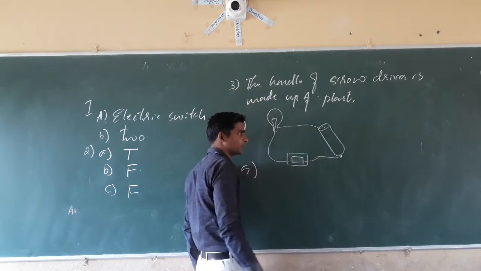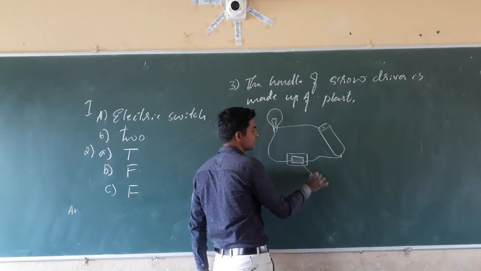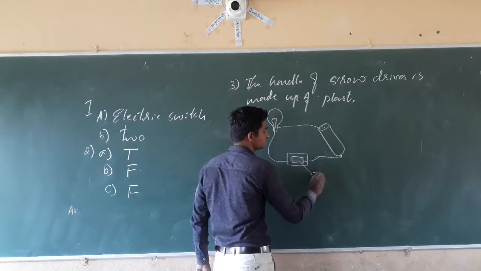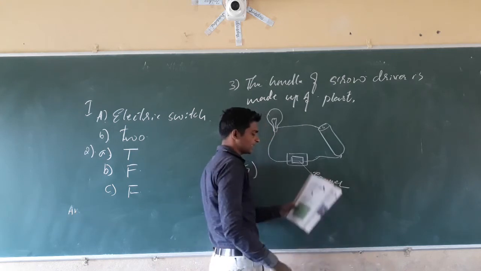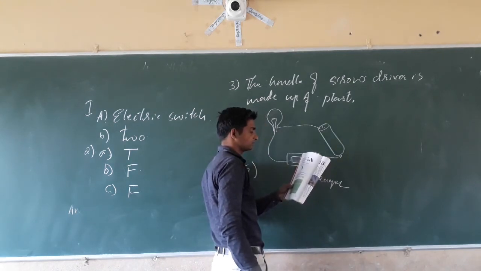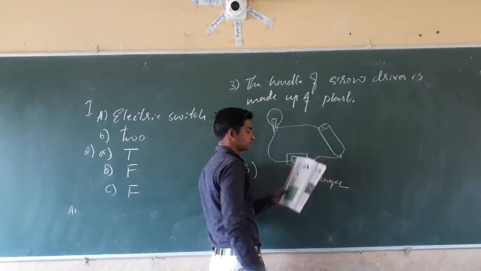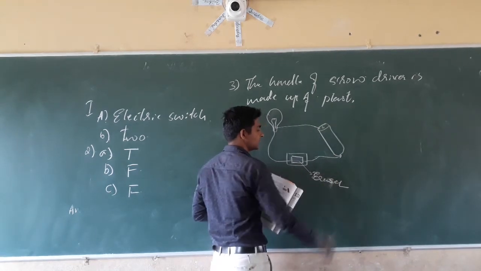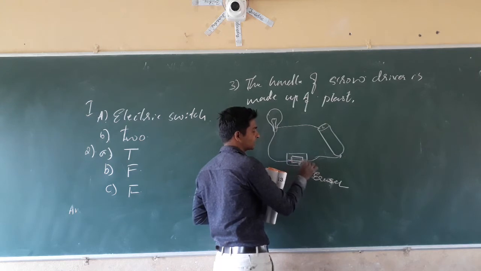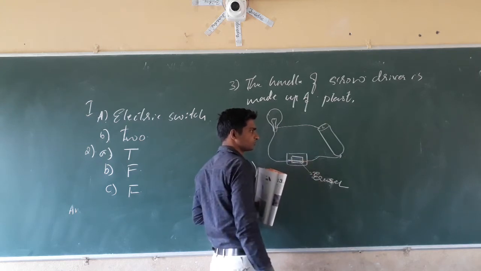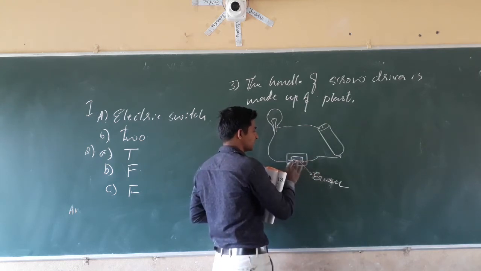The bulb will not glow because the eraser is an insulator. Insulators will not allow the electricity to flow through them, isn't it? It means no.